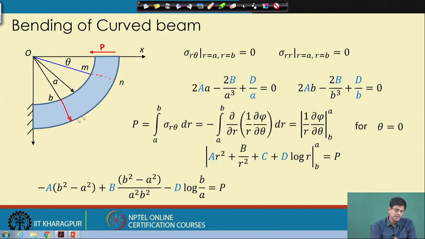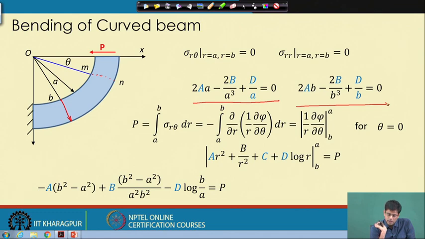There are no tangential forces along the radial boundary, and sigma rr, that is, there are no normal forces, is 0. If I put these 2 conditions, essentially we substitute r equals a and r equals b in the previous stress expressions, and then the stress expression becomes this.